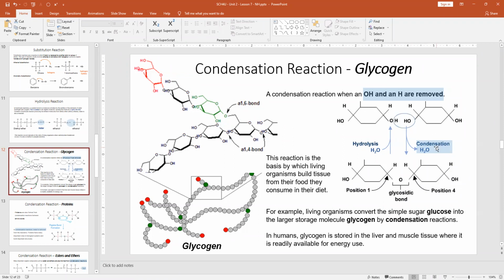In a condensation reaction, it's the reverse. 2 products are added and a molecule of water is removed, it's condensed, and you get a product where the 2 original molecules are now joined together in a bond. In the case of glycogen, you have the joining of 2 glucose molecules together in a condensation reaction. The water molecule components, the H and the OH, are lost, and you get the formation of this glycosidic bond.